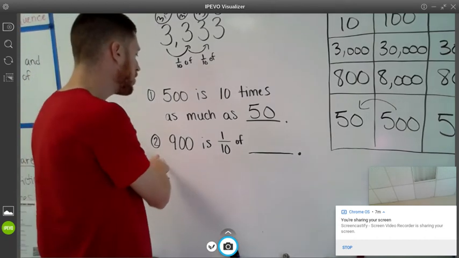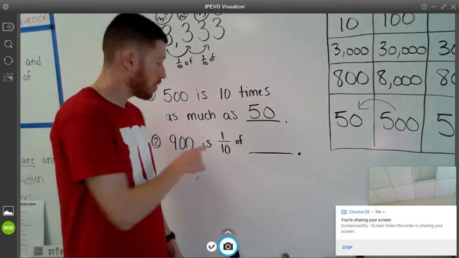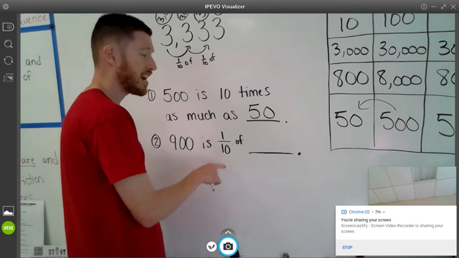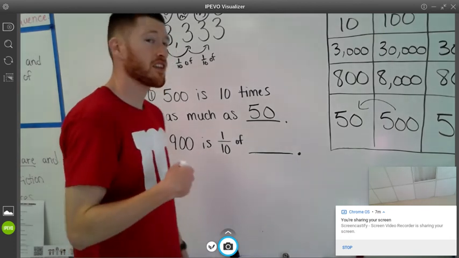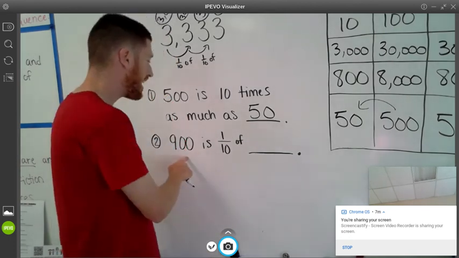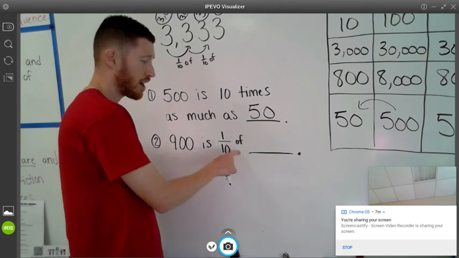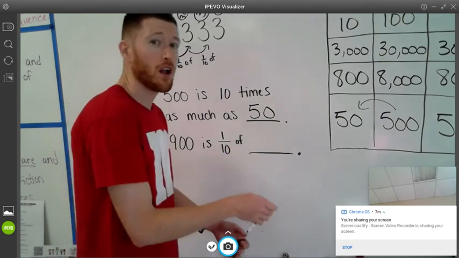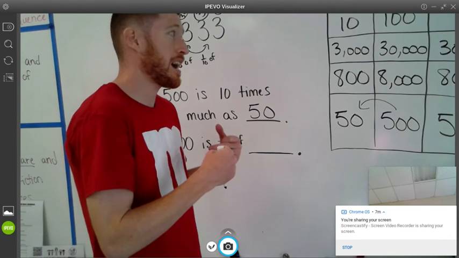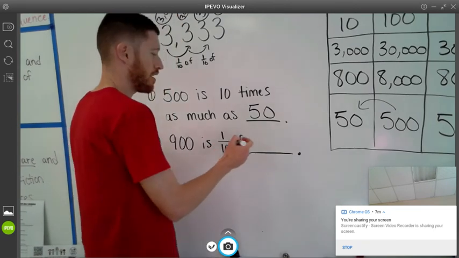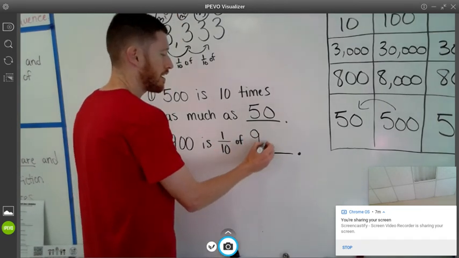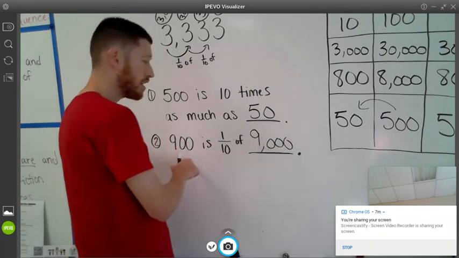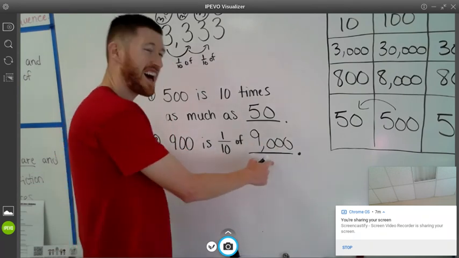And number 2, 900 is 1/10 of, but it's not asking what's 1/10 of 900. It's saying 900 is 1/10 of what number that is greater than it, or 10 times as much as 900. And that would be 9,000. 900 is 1/10 of 9,000.